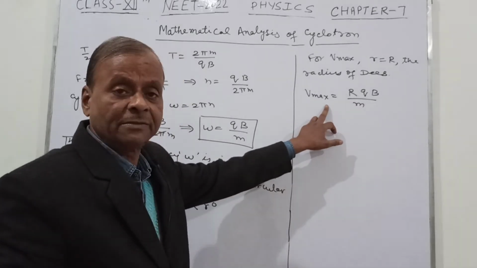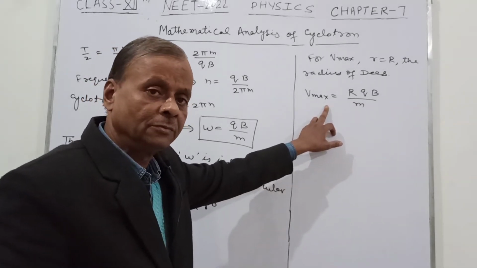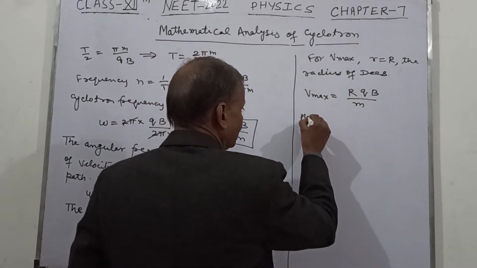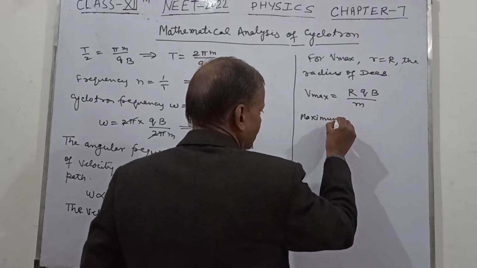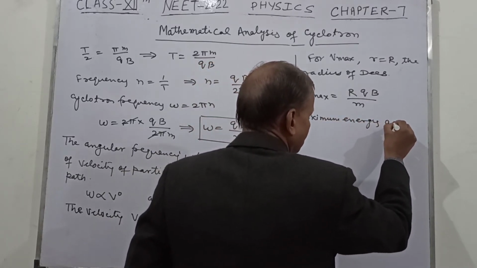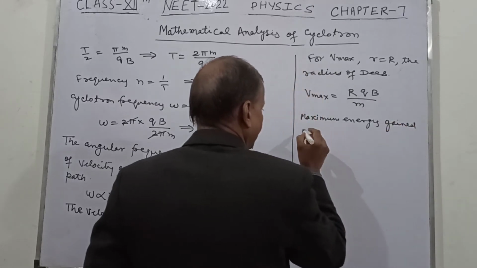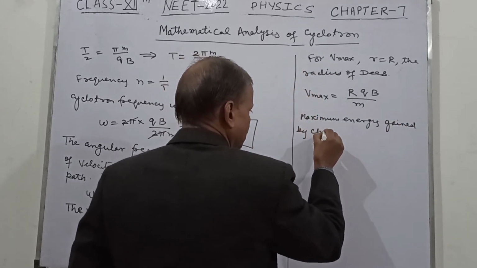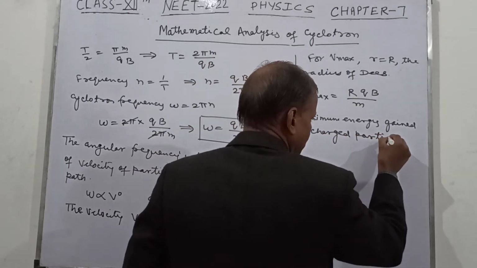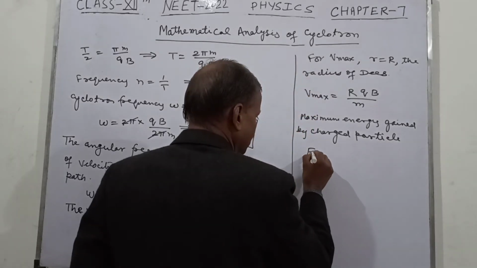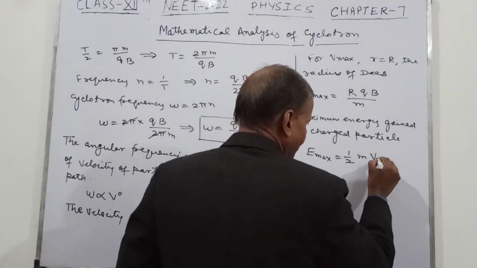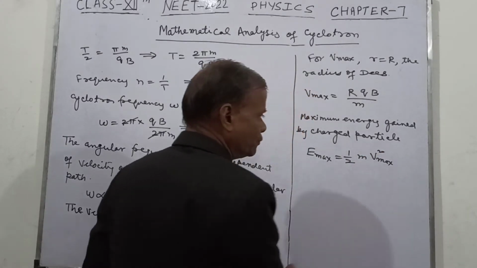When this velocity is maximum, then kinetic energy will be maximum. So maximum energy gained by the charged particle, E maximum equal to half m v maximum square.